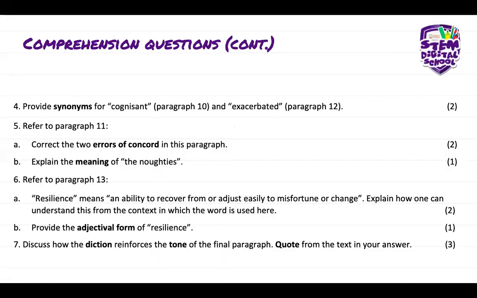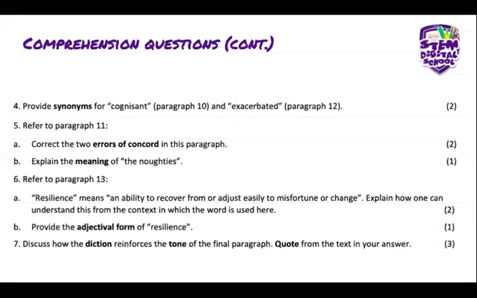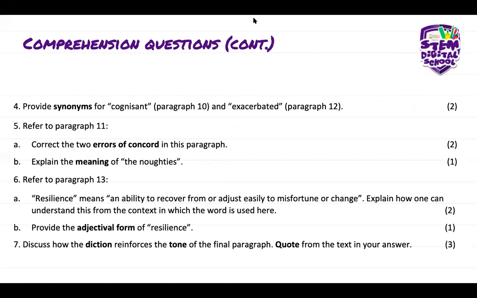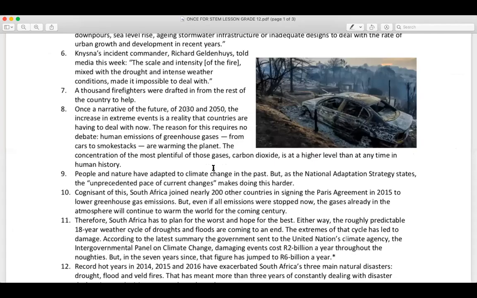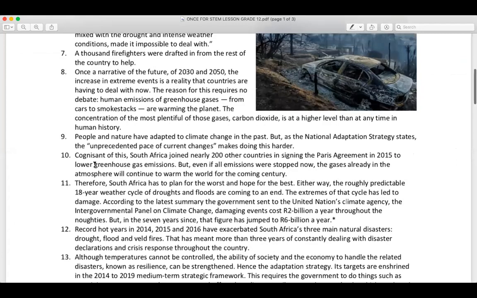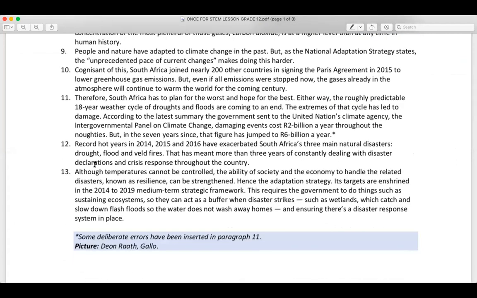Okay, let's go. Paragraph 11. Paragraph 11 states, therefore, South Africa has to plan for the worst and hope for the best. Either way, the roughly predictable 18-year weather cycle of droughts and floods are coming to an end.